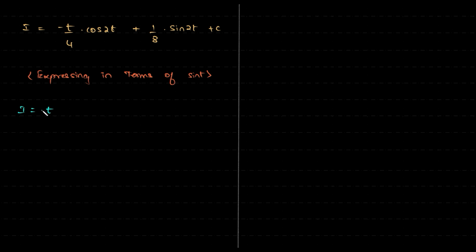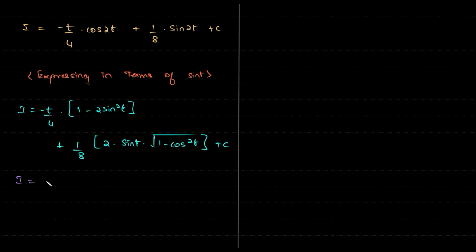Minus t by 4 into cos 2t, this would be 1 minus 2 sine square t, plus 1 by 8, let me write it below, 1 by 8, this would be 2 sine of t square root of 1 minus sine squared t, plus c.